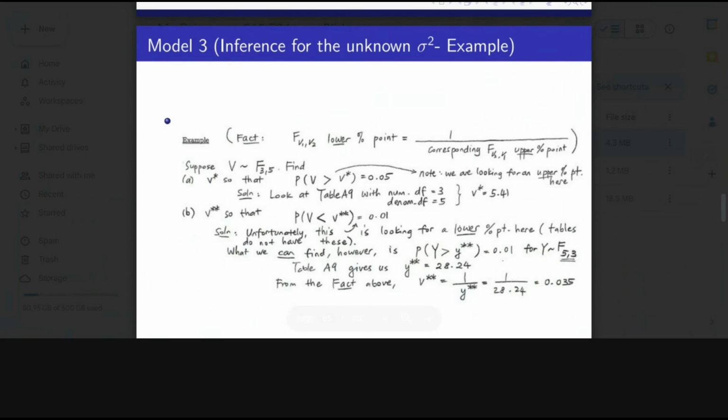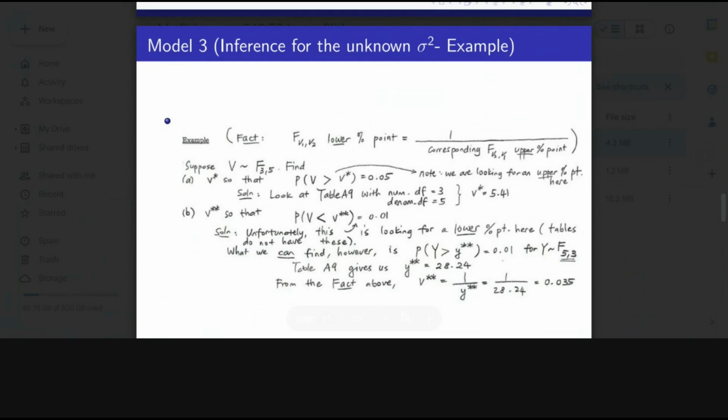So I'll go through this again. You want to actually talk about F35, you are looking for the 99% right side area. This left side is 1%, so right side is 99. Table doesn't have. But a table has 1% area on the right, and the good part is the relationship is the lower percentage point and the upper percentage point are connected by reversing the degrees of freedom and taking the reciprocal.